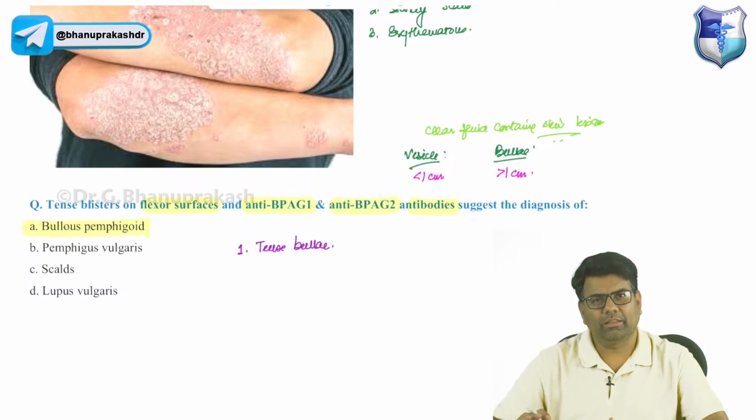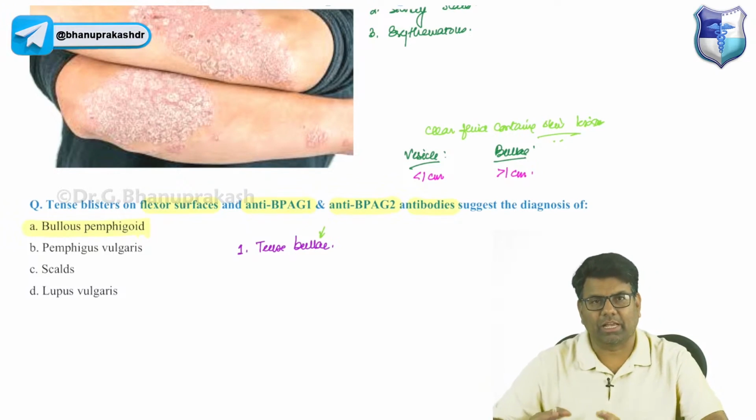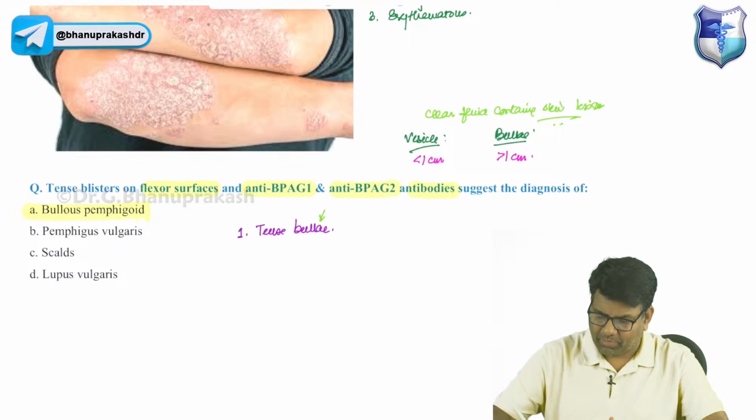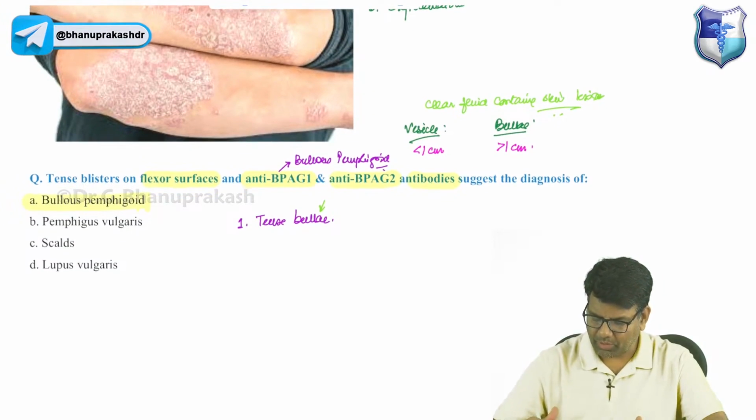So vesicles and bullae have almost the same pathology, but they differ in size. If you have this word, it means the size of the fluid-filled lesion is more than 1 centimeter, right? Also, the BP word here is actually bullous pemphigoid. So that also helps you in making the diagnosis of bullous pemphigoid.